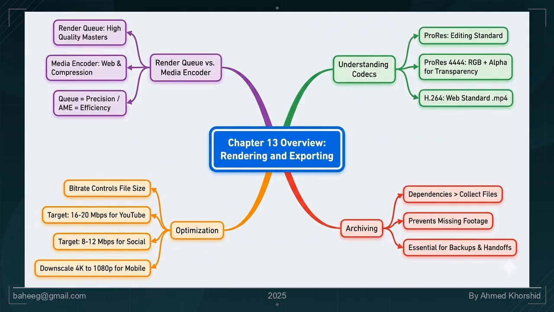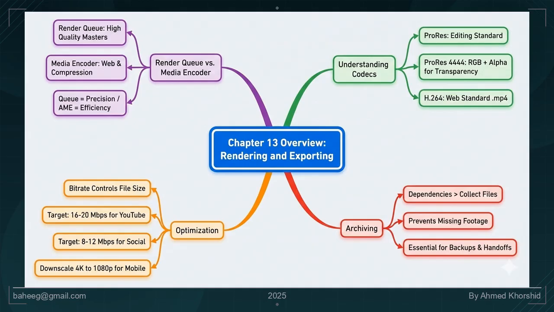Figure: Mind Map, Chapter 13 Overview. A, Rendering and exporting. B, Render Queue versus Media Encoder. C, Understanding Codecs. D, Optimization. E, Archiving. B1, Render Queue: high quality masters. B2, Media Encoder: web and compression. B3, Q equals precision, AME equals efficiency. C1, ProRes: editing standard.